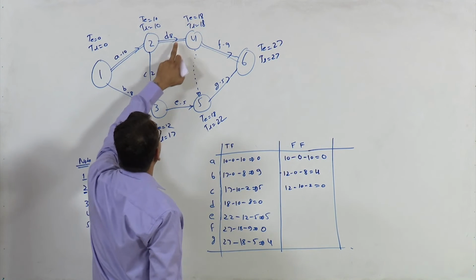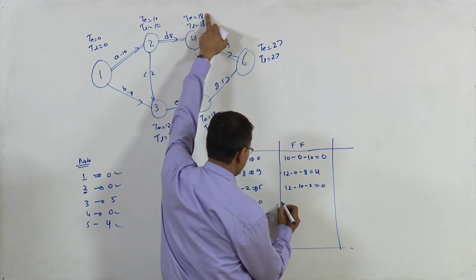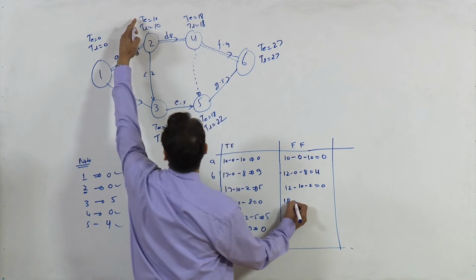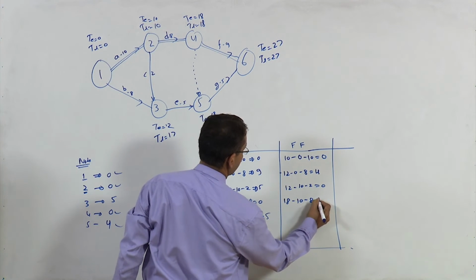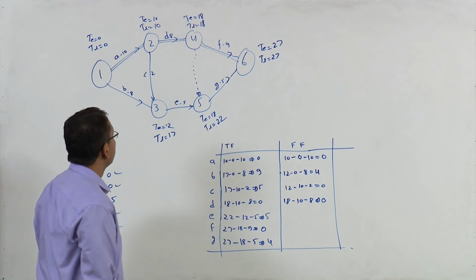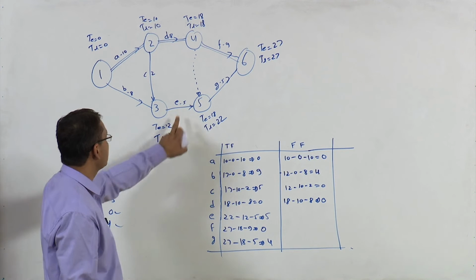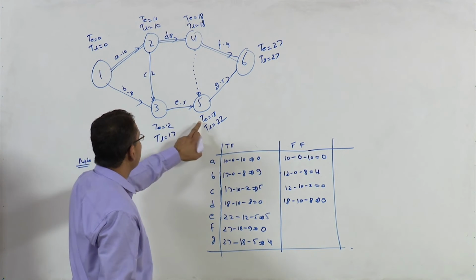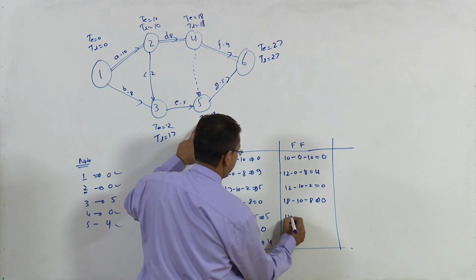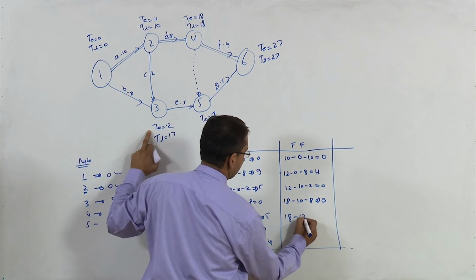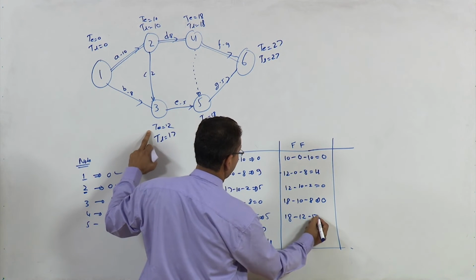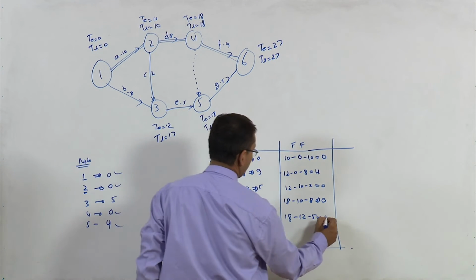The TE here is 18, TE is 10, minus 8, this is 0. For activity E, TE is 18 minus TE is 12 here minus 5, so this is 1.